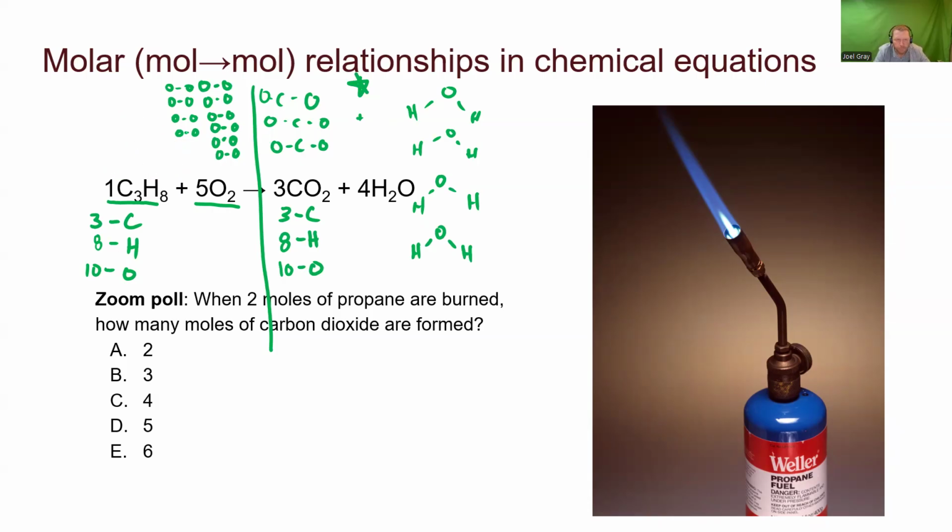Done. Because I had to use those carbons to make my CO2s. I also have to erase 1, 2, 3, 4, and 5 O2s, because remember, I started with 10 O2s, I only consumed 5 of them. Does everyone follow that? Y or N to the chat?